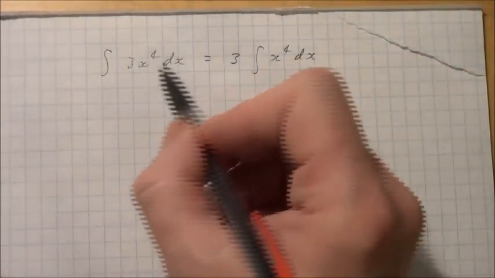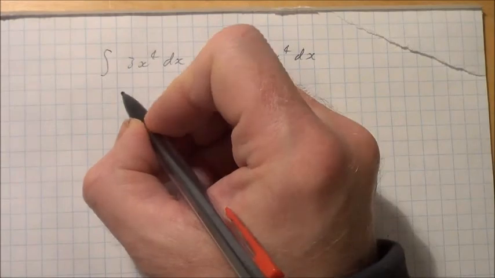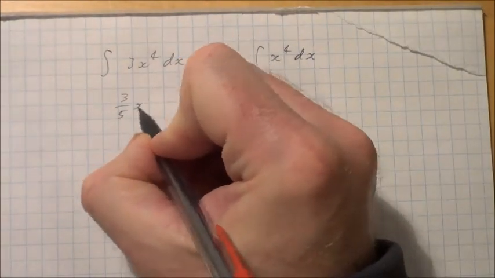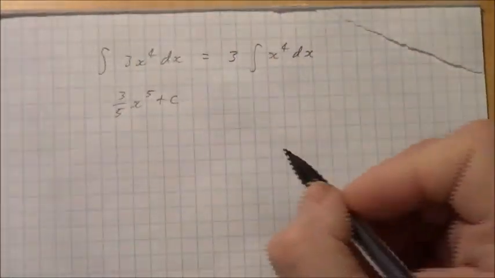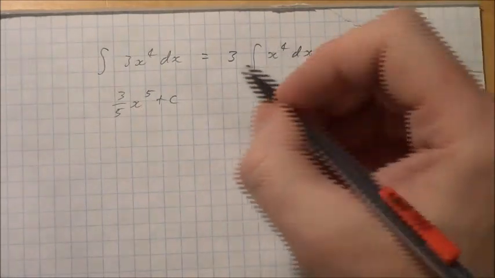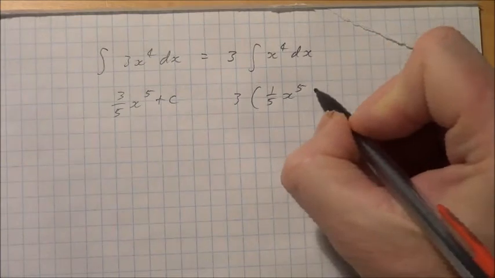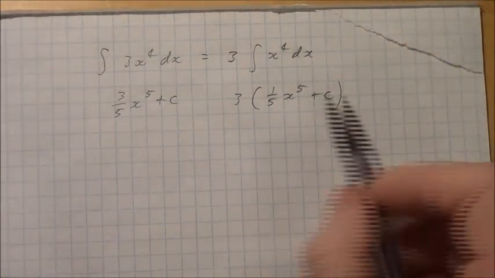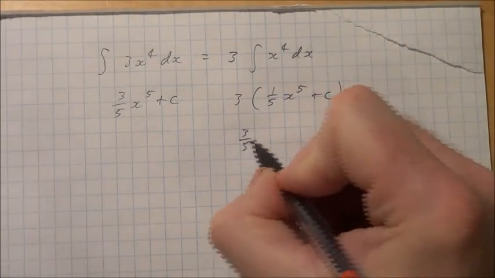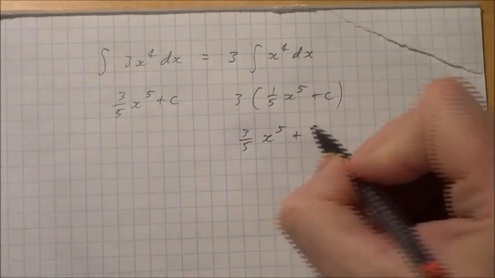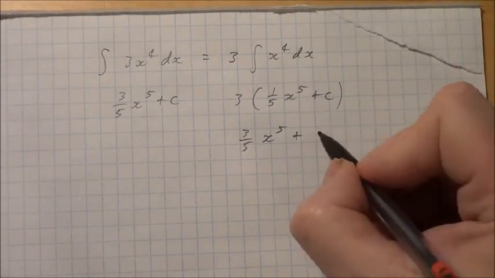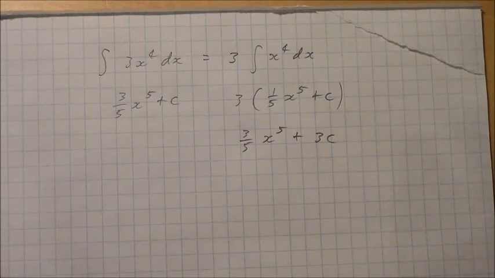Okay, so if we take the integral of this, we get 3 over 5 x to the power 5 plus c. And if we take the integral of this, we get 3 multiplied by 1 over 5 x to the power 5 plus c. And then when we multiply this in, we get 3 over 5 x to the power 5. Now, we could say 3c, but we don't need to.